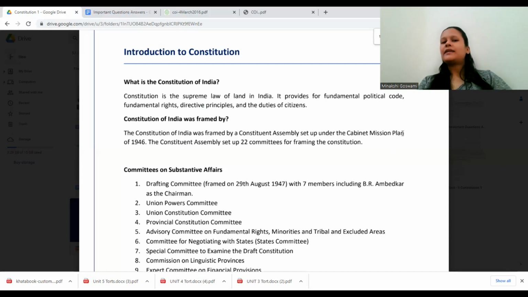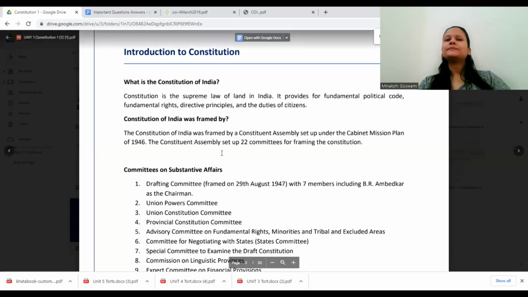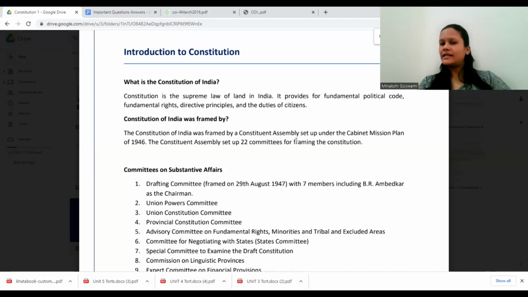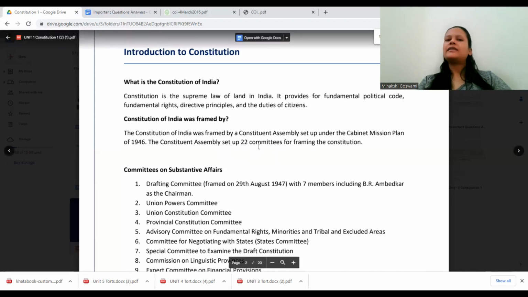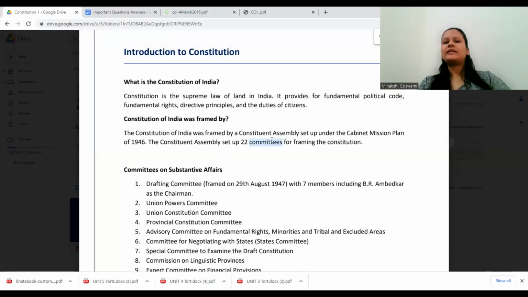Under this cabinet mission plan, the constituent assembly was set up, and under that we have 22 different committees. Because constitution is a very big document, a lot of things need to be taken into consideration. So different committees were framed in order to cover different topics.